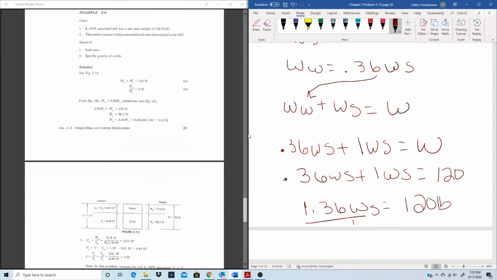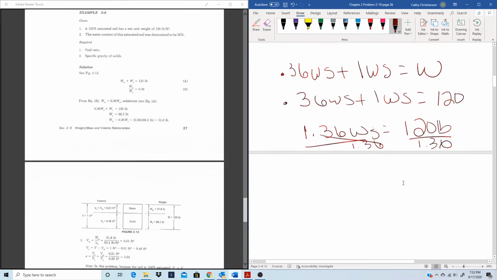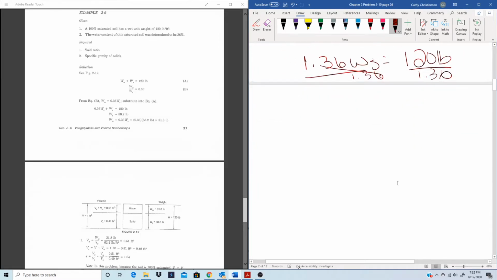I'm going to divide that by 1.36. And WS will equal 88.23 pounds. Alright, so if you looked at the book right here, they just rounded it to 88.2.